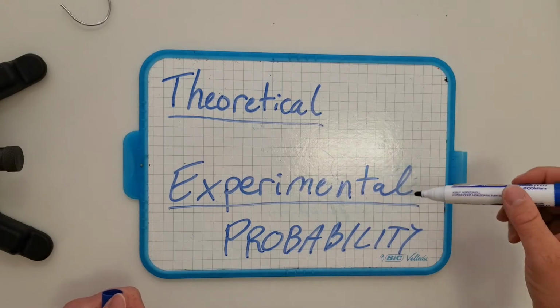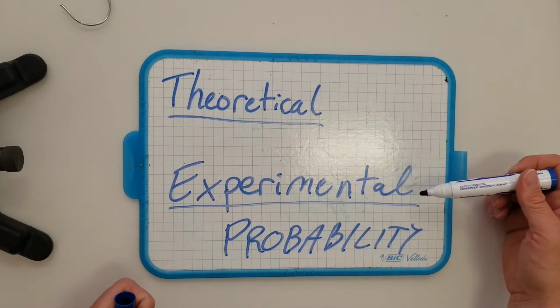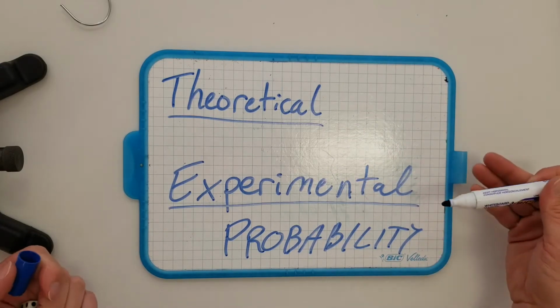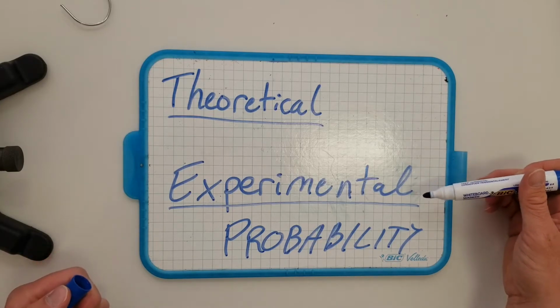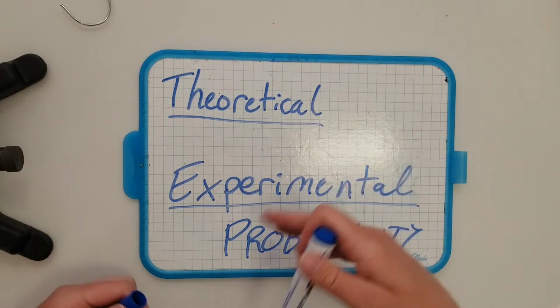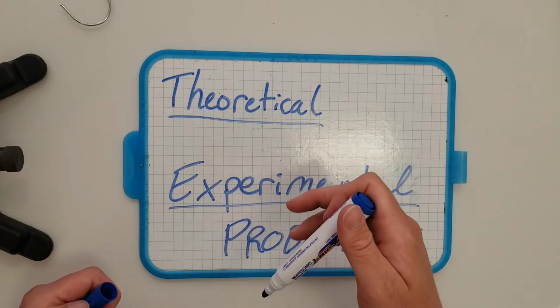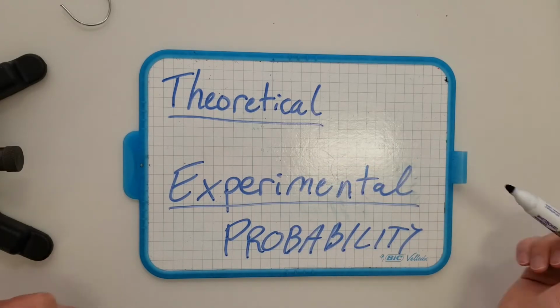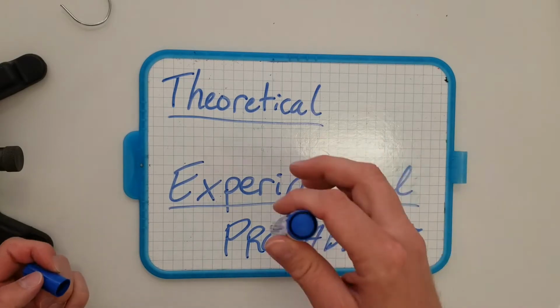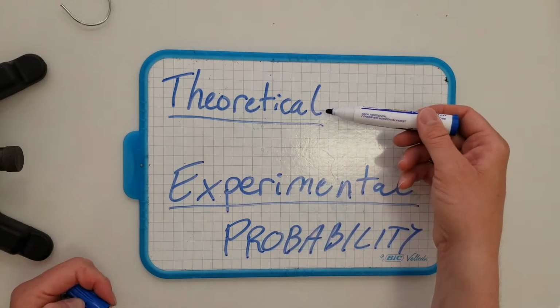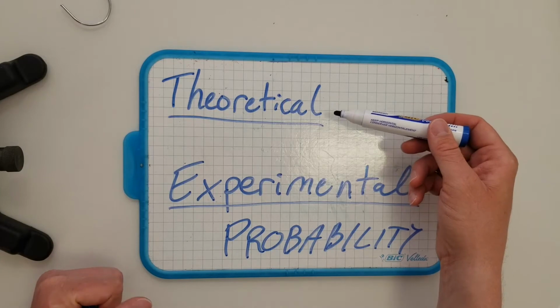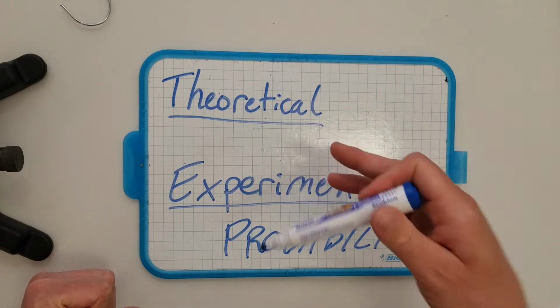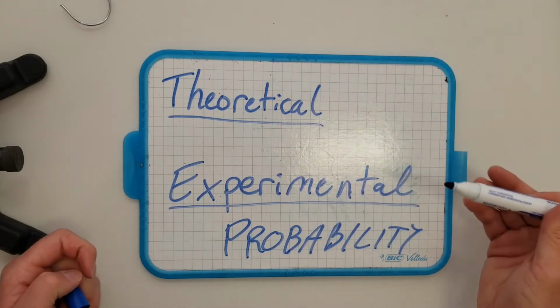And then we've got experimental probability, which is like what happens in an experiment. If I were to conduct 100 different trials, experiments, what would actually happen over the course of the experiment. So I'm going to do an experiment today and then compare it to theoretical probability, which is like what we would kind of predict would happen without actually doing the experiment.